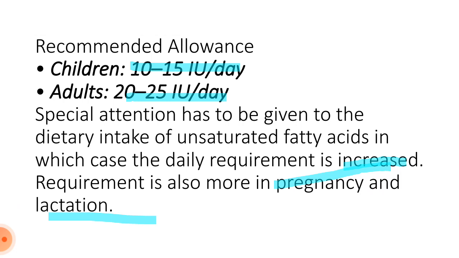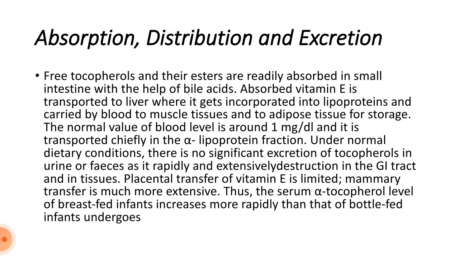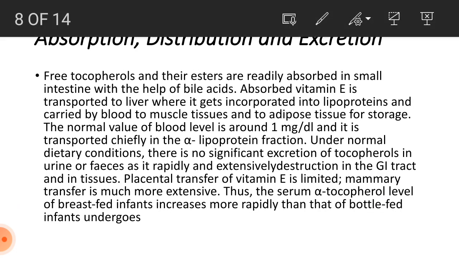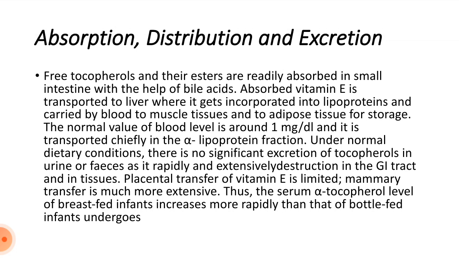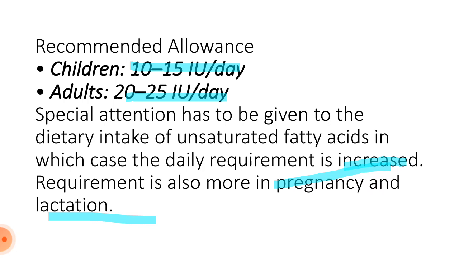We shall come to know the reason for this statement through the next slide: absorption, distribution, and excretion. This slide will give us the answer to the previous statement with respect to tocopherols and their recommended allowances.